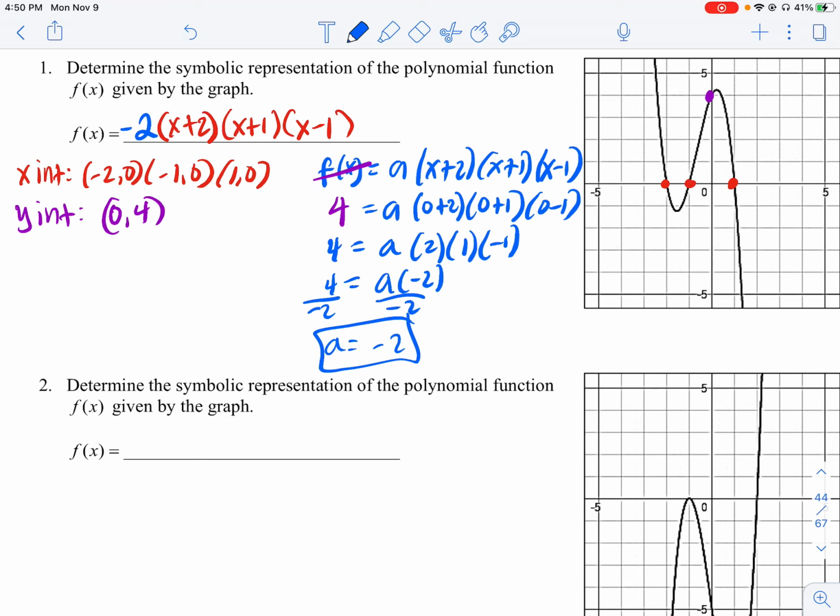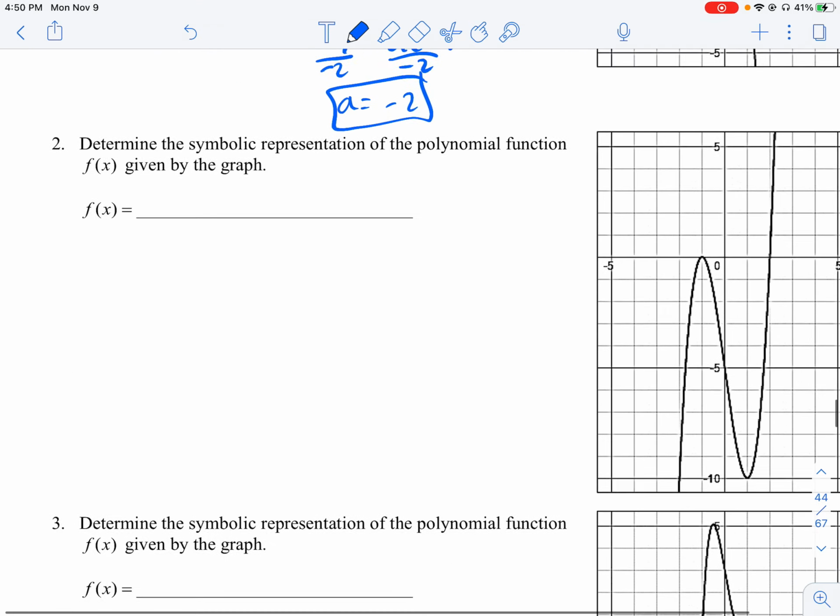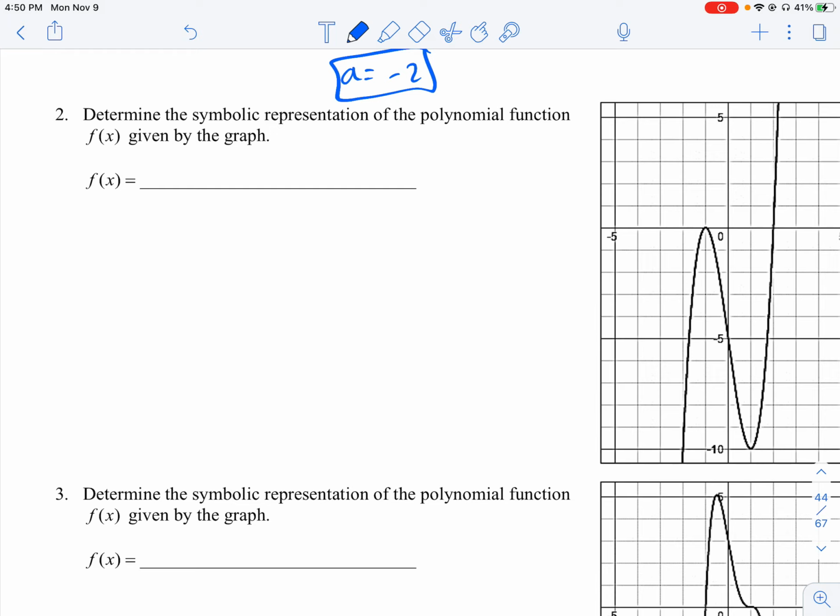Determine the symbolic representation of a polynomial function given by the graph. Let us find first, as always, our x-intercepts. Where are they? This one and that one. Is that a negative 1, 0?